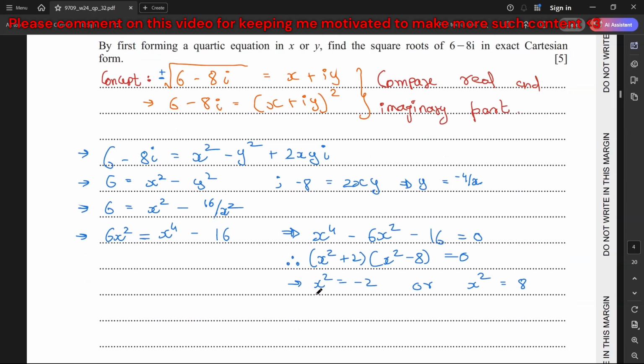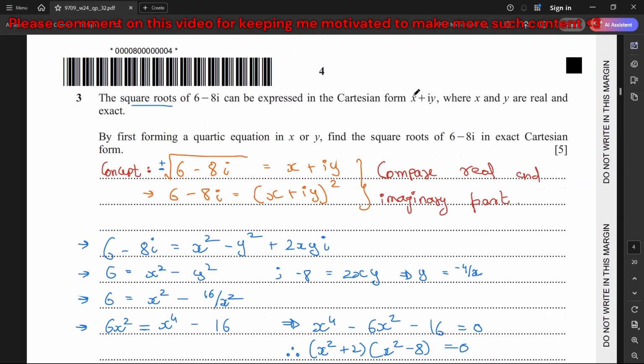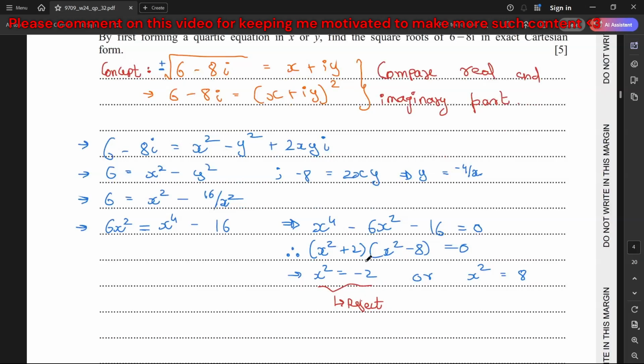From here clearly we can reject this because I cannot take the square root of a negative number. Of course I can convert this in terms of iota, but over here x is a real part, so I don't want this imaginary solution.